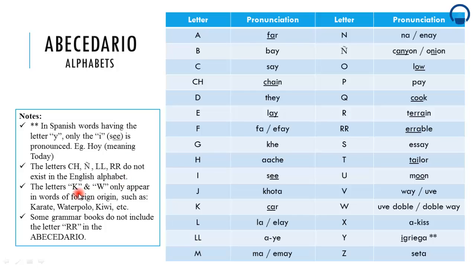The letters K and W only appear in words of foreign origin, such as karate, water polo, kiwi, etc.